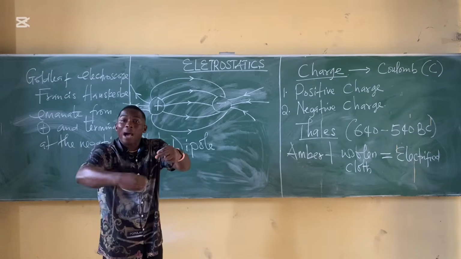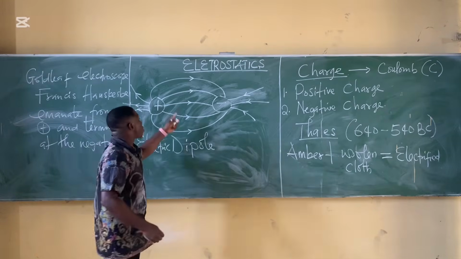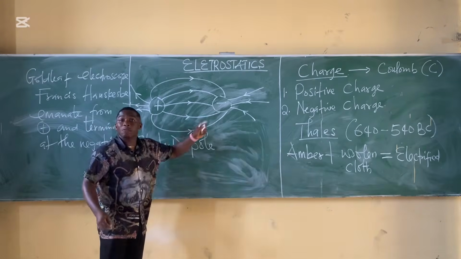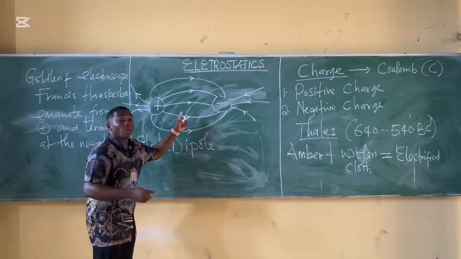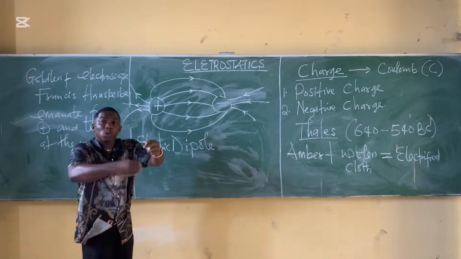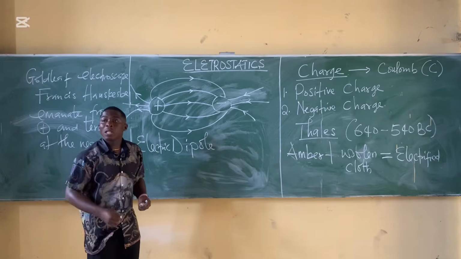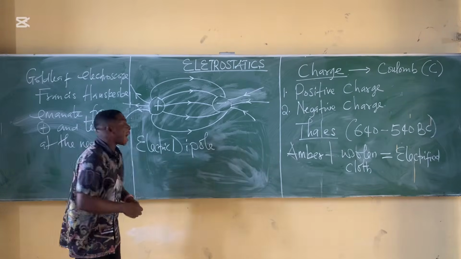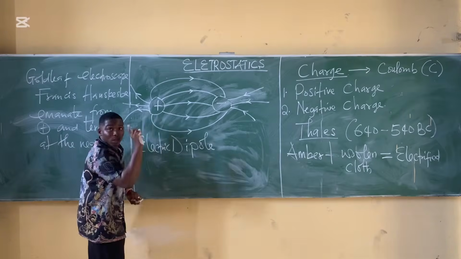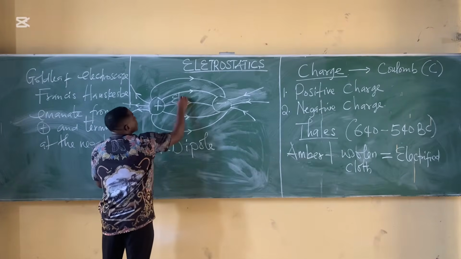It means there is a magnetic force in between them. The same thing will happen when you place a positive and a negative charge side by side. You are not seeing these electric lines of forces, but there is a force of attraction in between them. That force of attraction is called an electric force, and the field in between is called an electric field.